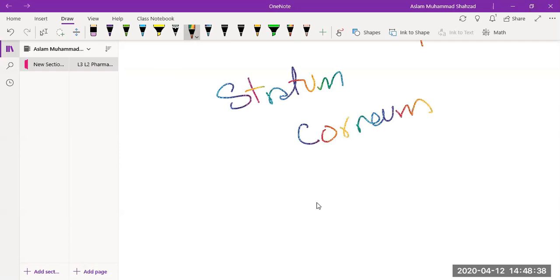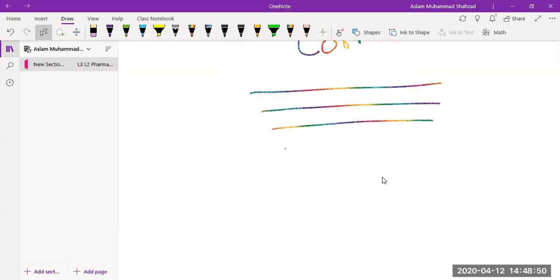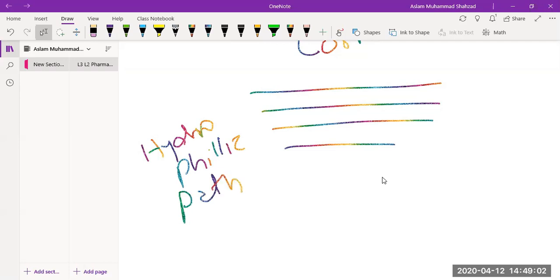If we draw the skin structure, you can see the upper layer is the hydrophilic pathway, and the lower layers are the lipophilic pathway.